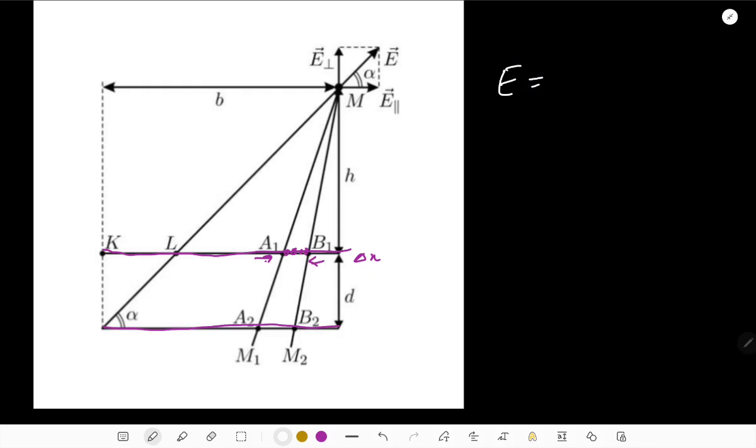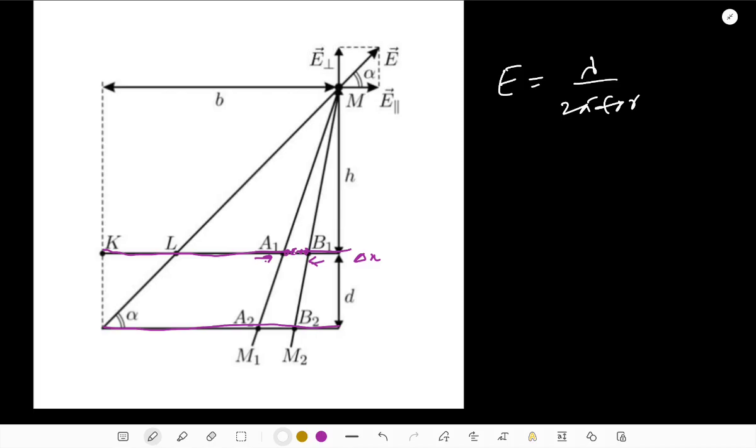I'm going to use the formula for the electric field due to a long wire, which is lambda by 2 pi epsilon naught r, where r is simply the distance. This is obviously the long wire, not a semi-infinite wire.